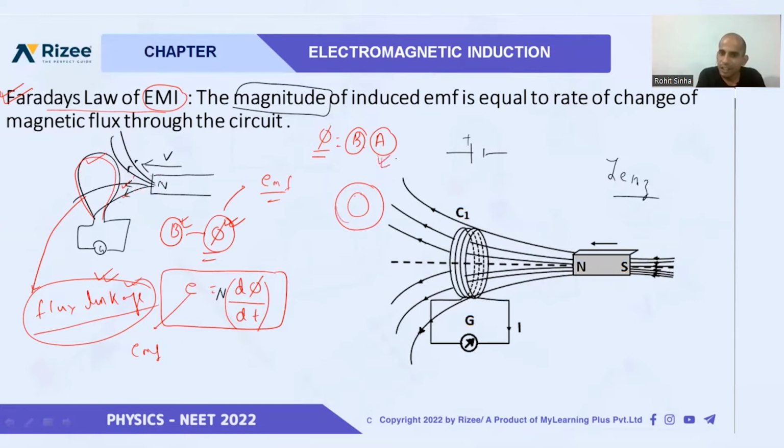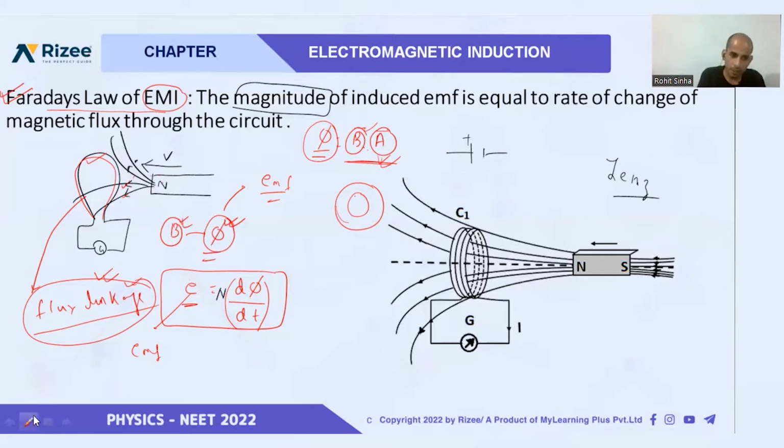I can change the area, and I can change the field. Whenever I change these two factors, the flux phi will change. If the flux linkage changes, then an EMF will be induced in this coil, and the induced EMF will be N into d phi by dt. This was Faraday's law.